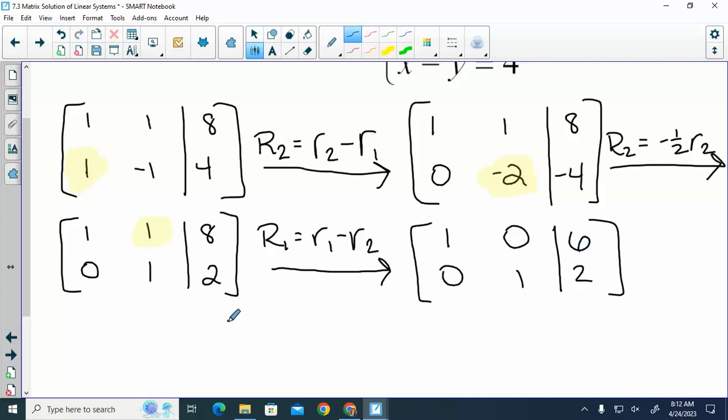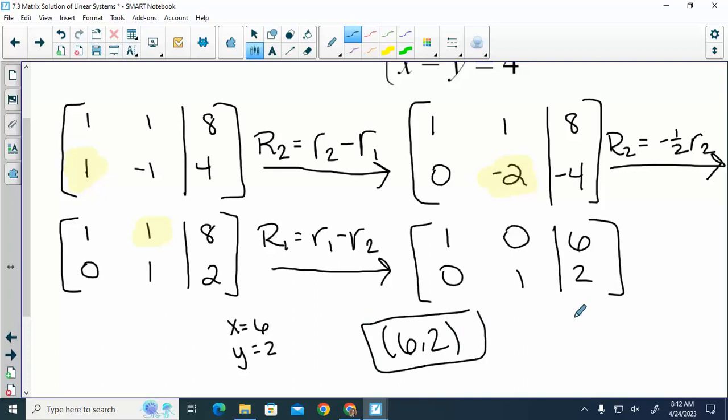So our answer, we get x equals 6 and y equals 2. Is that one okay? Let's do another one.